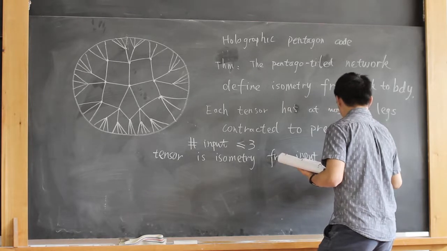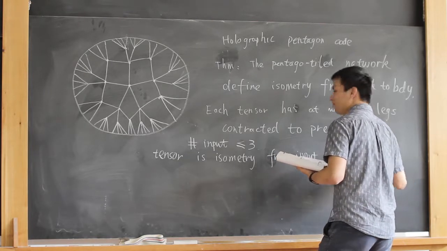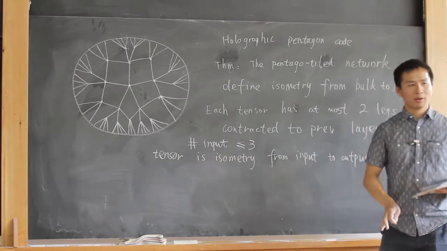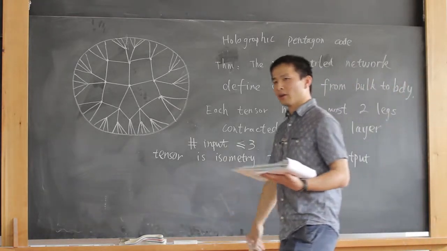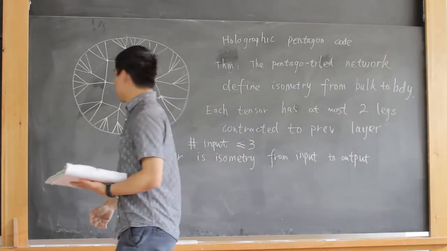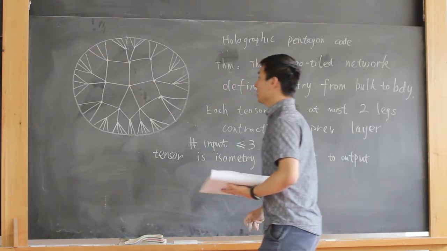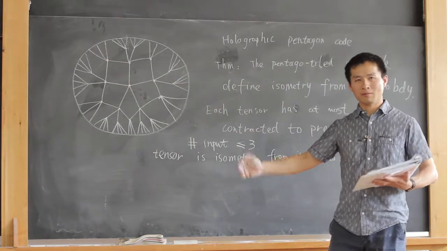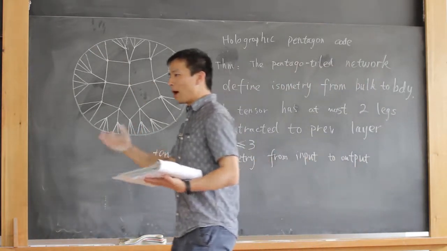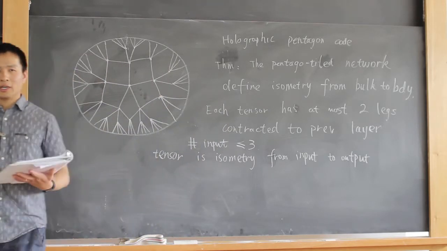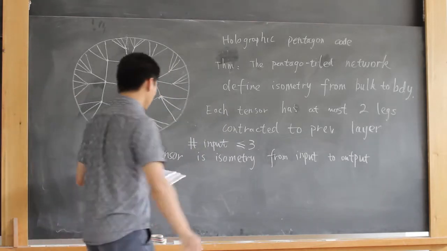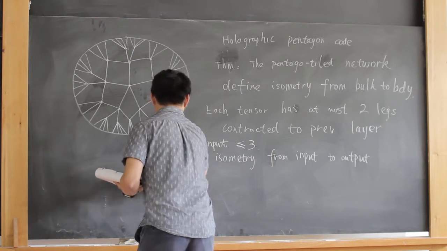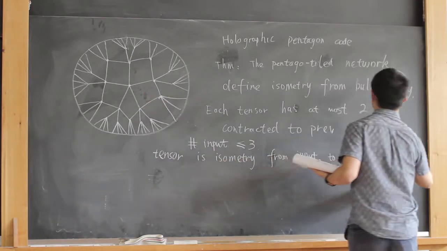The input is both from the bulk dangling leg and from the previous layer. Now, each tensor is an isometry. The whole tensor network is simply a complicated contraction of them. And remember, the product of 2 isometries is still an isometry. So this means the whole tensor network is an isometry. So this proves the theorem.